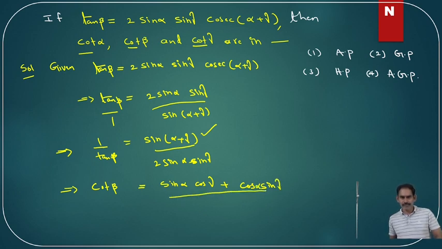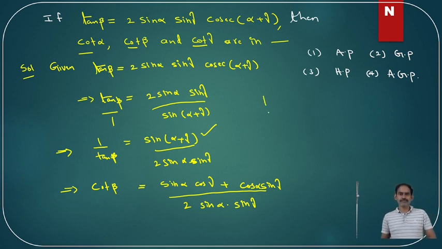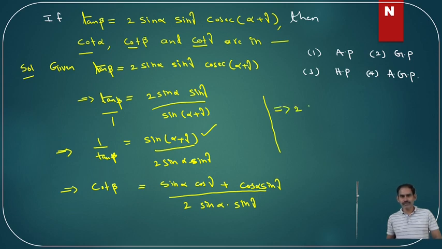By 2 sin alpha sin gamma. The 2 goes to the left hand side. 2 cot beta equals sin alpha cos gamma plus cos alpha sin gamma divided by sin alpha into sin gamma.